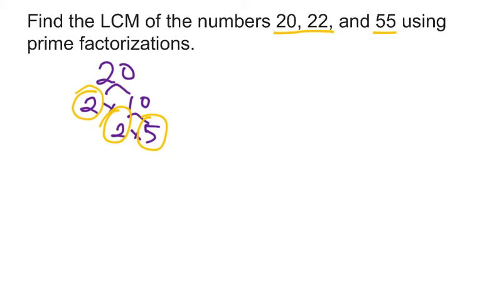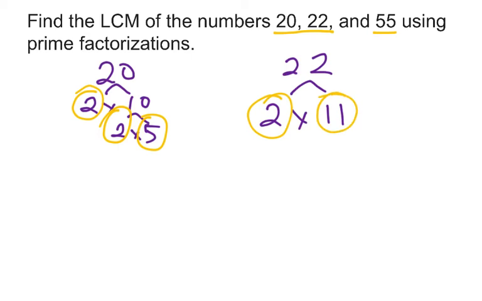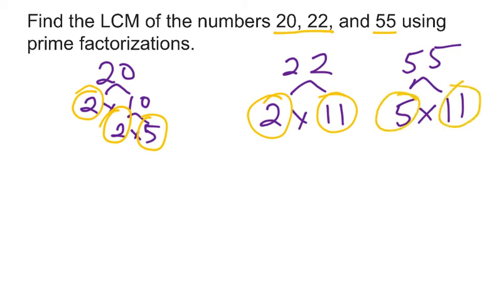Now I have the prime factorization of 22, which can be factored into 2 times 11, both of which are prime. Finally, I have the prime factorization of 55, which can be factored into 5 times 11, both prime.